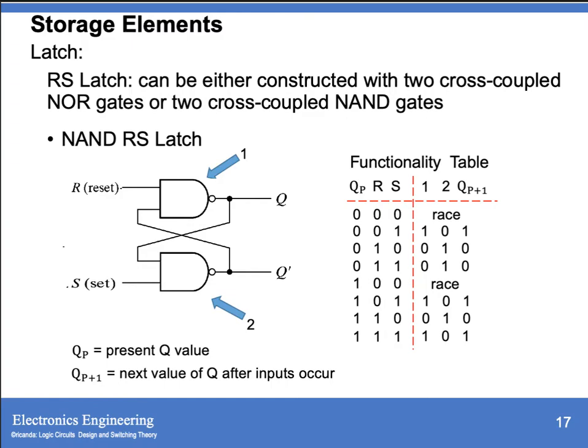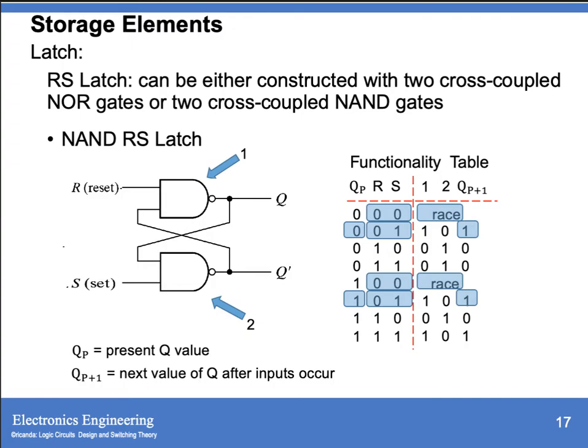So if your inputs are all 0, we have a race. And if your combination of inputs is 0 and 1, whether your previous Q is 0 or 1, you have an output of 1.